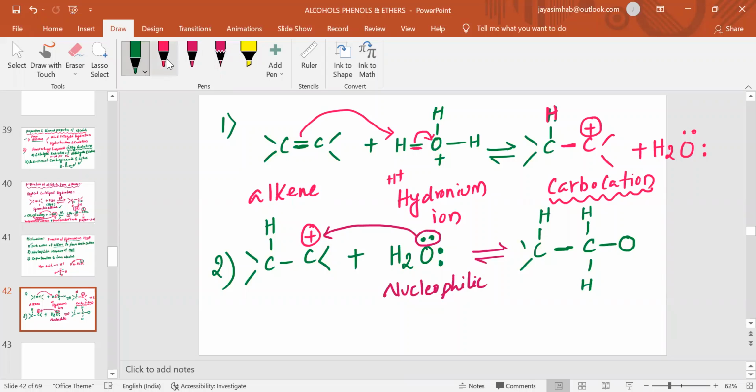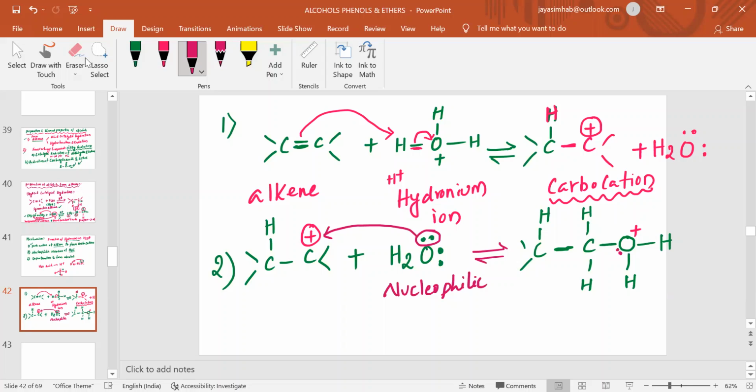Oxygen will attain a positive charge, no doubt, and the remaining two hydrogens will be there, H2O, right? And a pair of electrons is always there. Another pair has participated in the bonding with the carbocation. So this is the intermediate.